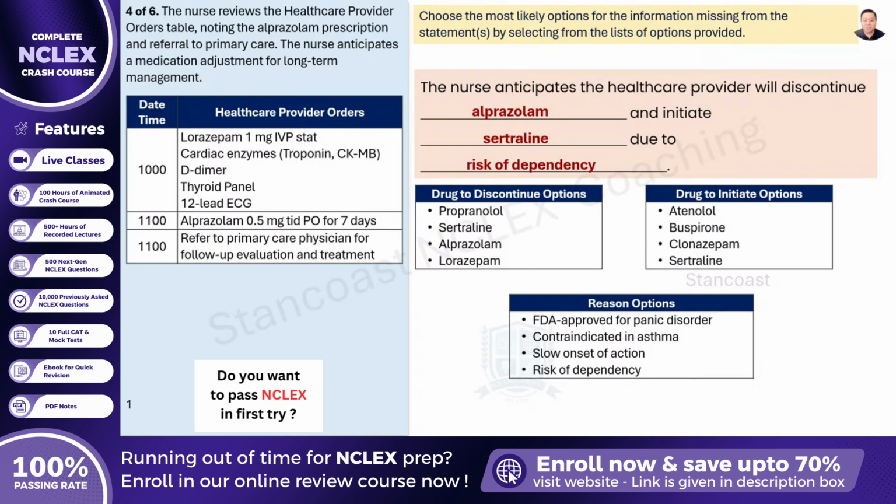And it has nothing to do with alprazolam or sertraline, which do not affect lung function. If you selected FDA approved for panic disorder, well, this is good for initiation, but not for discontinuation. We know that sertraline is FDA approved for panic disorder, and that's a reason to start it. But this doesn't explain why we are stopping alprazolam. So you need to match the reason to the specific action.